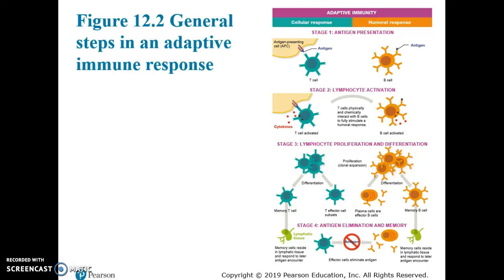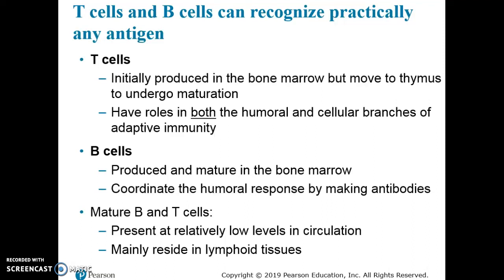And also, because of the memory B cells and the memory T cells, the body is able to mount a quicker immune response if that same antigen from back up here comes back into the body and activates those memory cells. All right, so we've talked a little bit about T cells and B cells.